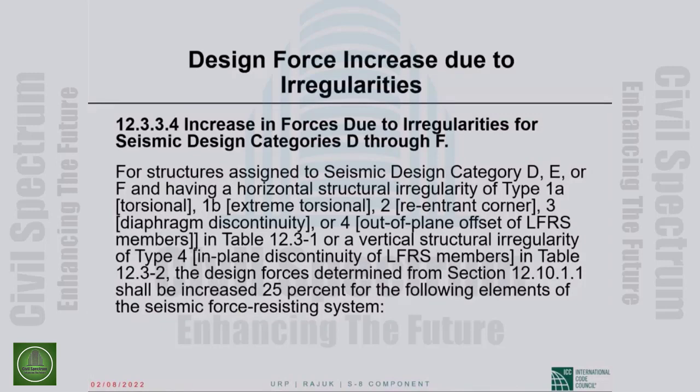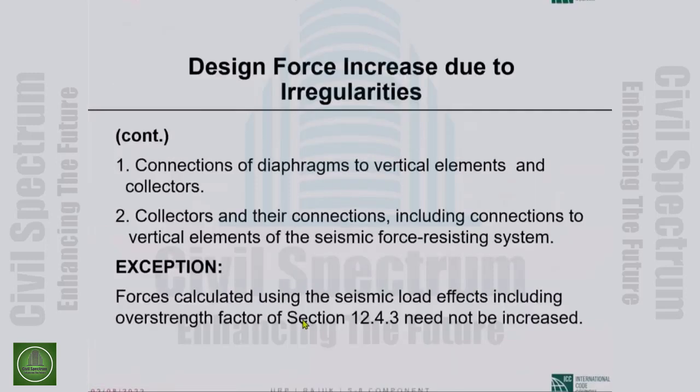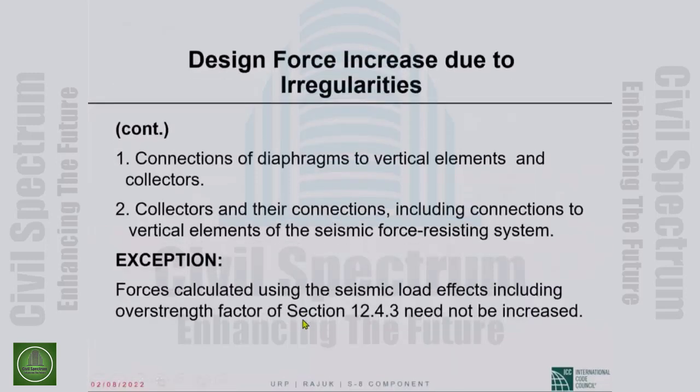The design forces determined from section 1210.11 shall be increased 25% for the following elements of the seismic force resisting system. Okay, this is what I wanted you to see. So where do you have to increase the design forces by 25%? Connections of diaphragms to vertical elements and collectors.